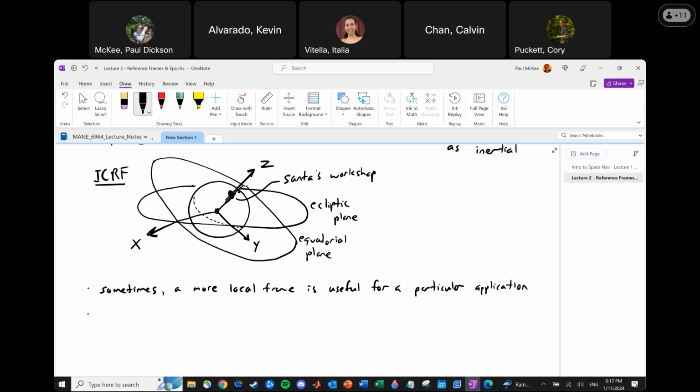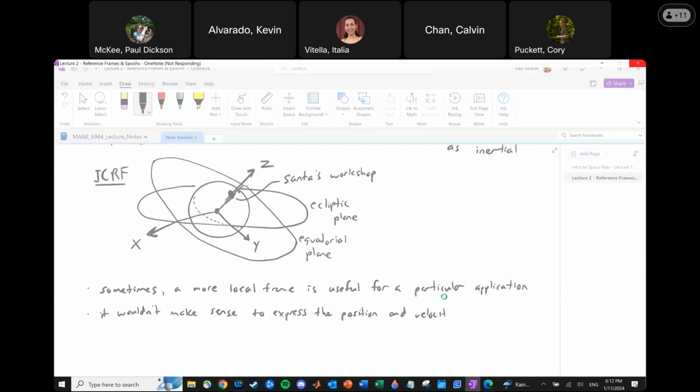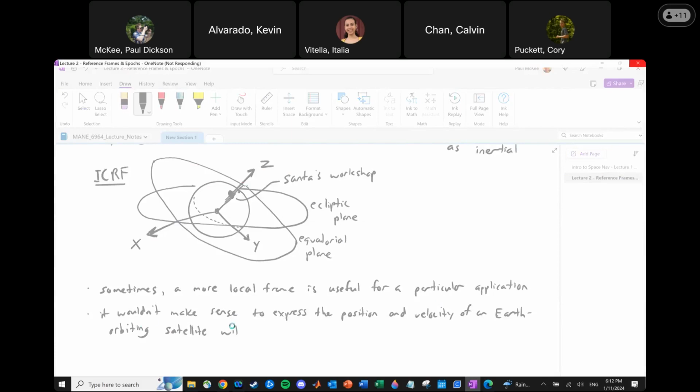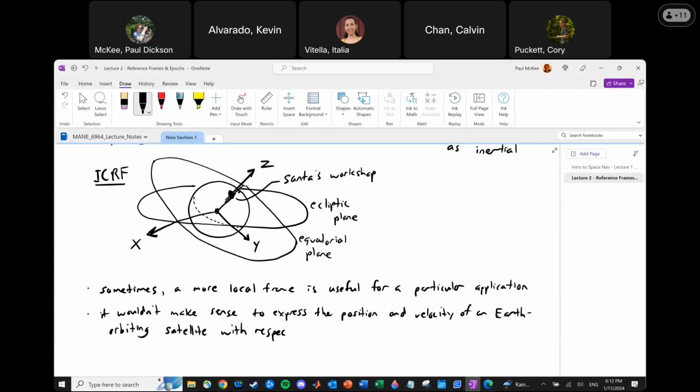For example, it would not make sense to express the position and velocity of an Earth orbiting satellite with respect to the solar system barycenter.